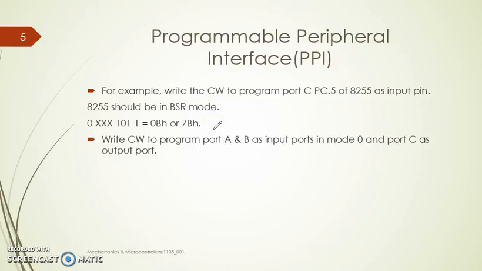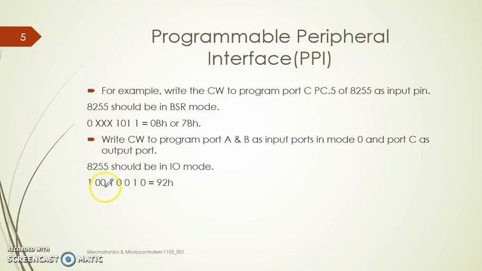One more example. Write control word to program port A and port B as input ports in mode 0 and port C as output port. So here I am using all three ports, therefore I have to go for the IO mode of operation. 8255 should be in IO mode. So as per IO mode, bit D7 is 1. Port A and port B should be input ports in mode 0.